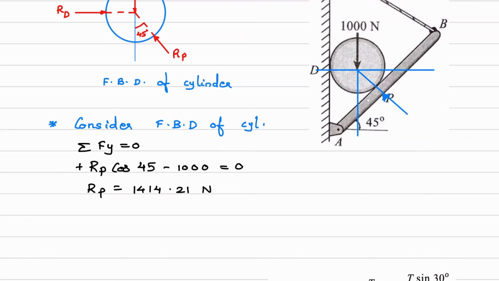Now here you can see in the question unit of force is Newton, so that is why I have written Newton over here. And what is the direction of this RP? If you see RP, what will be this angle? This is 90, this is 45, so this angle will also be 45. So I can show the angle as well over here of RP. So this angle is 45 degree.